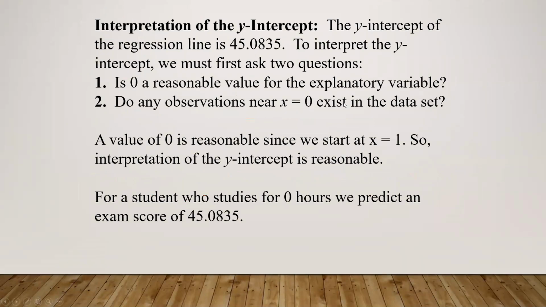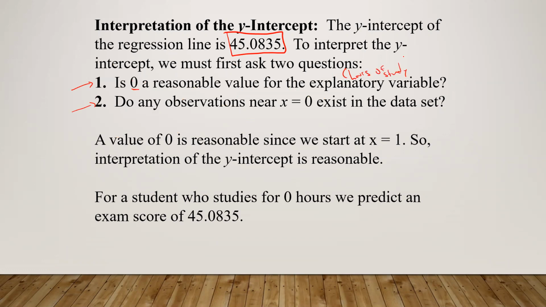Interpreting the Y-intercept is a little bit different, okay? All right, so the Y-intercept for this regression line we saw was this number here. The interpretation of the Y-intercept, you need to ask yourself both these questions. Is a value of 0 a reasonable value for the explanatory variable, which is hours of study?